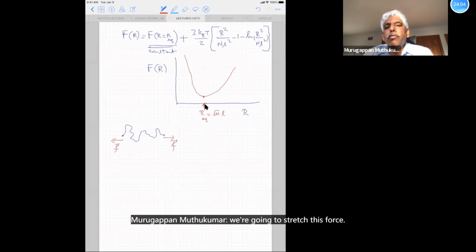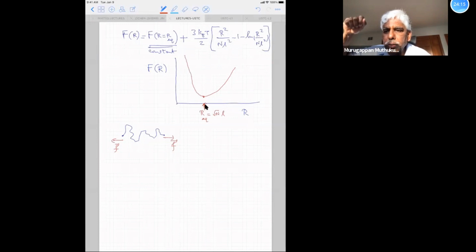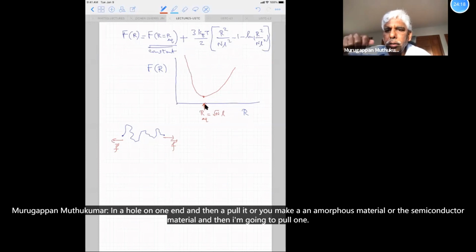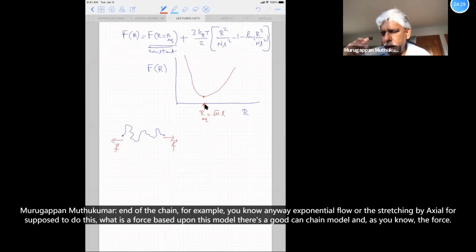Imagine I have a polymer chain laid out in my system, and with an AFM tip, I hold on to one end and pull it. Or you make an amorphous or semi-crystalline material, and then pull one end of the chain, for example, in extensional flow or biaxial stretching. Suppose I do this. What is the force based on this model?